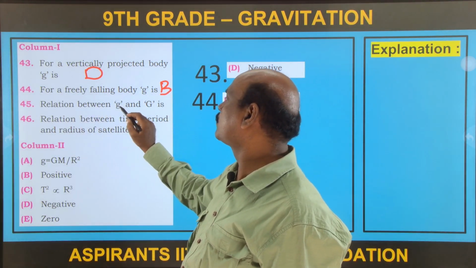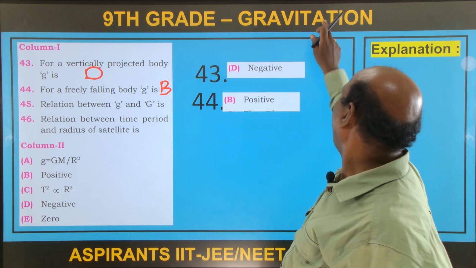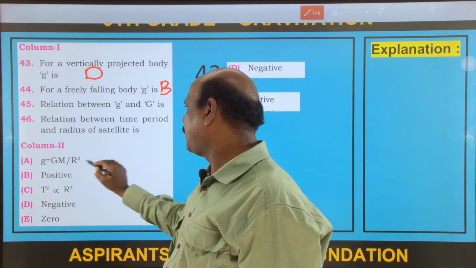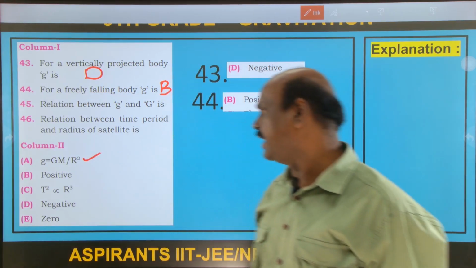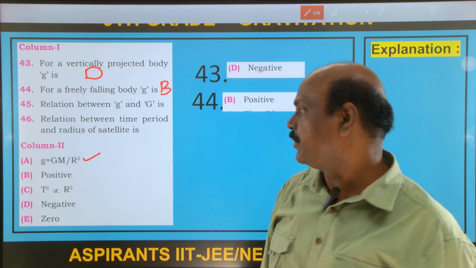relationship between small g and capital G. So small g is equal to capital G into M by r square. Already we are saying that the relationship between universal gravitational constant and the acceleration due to gravity.